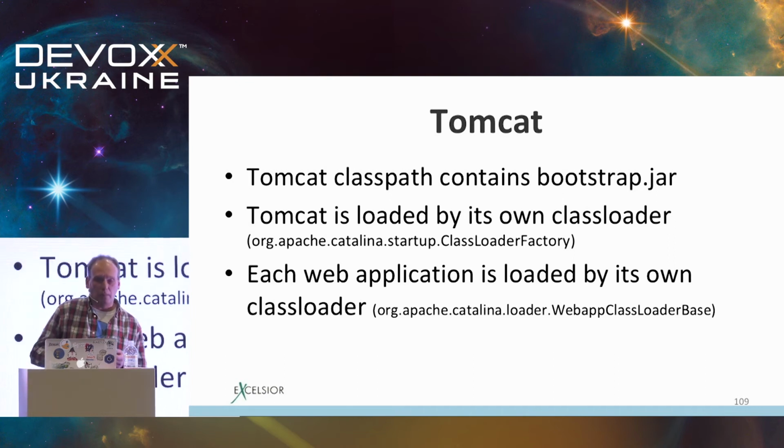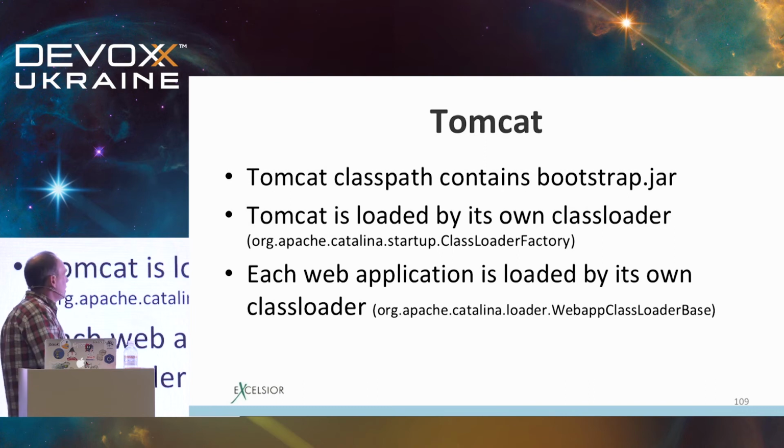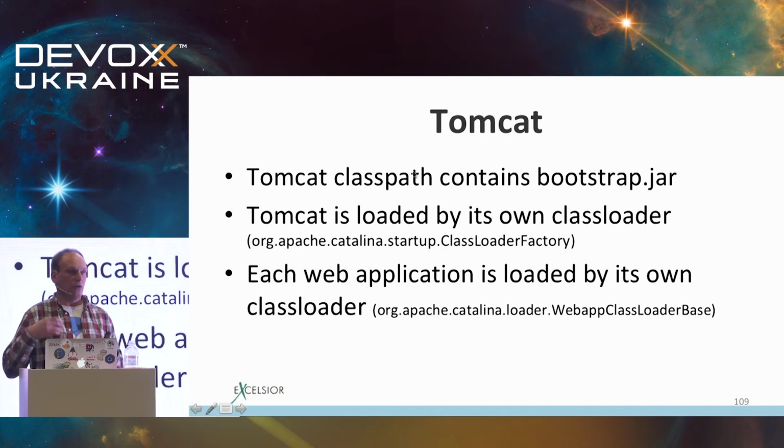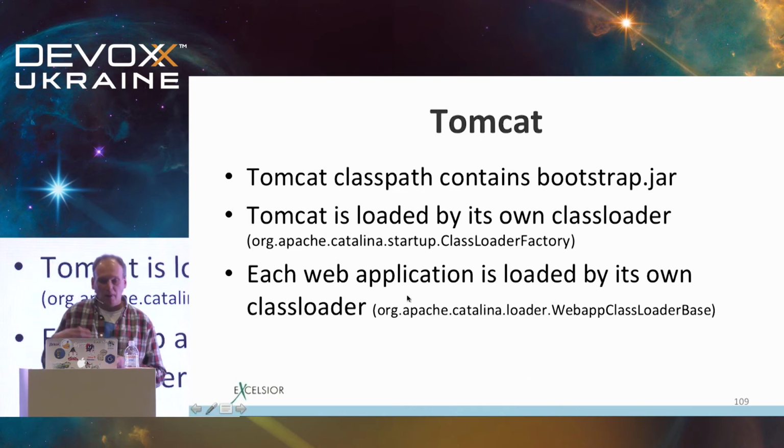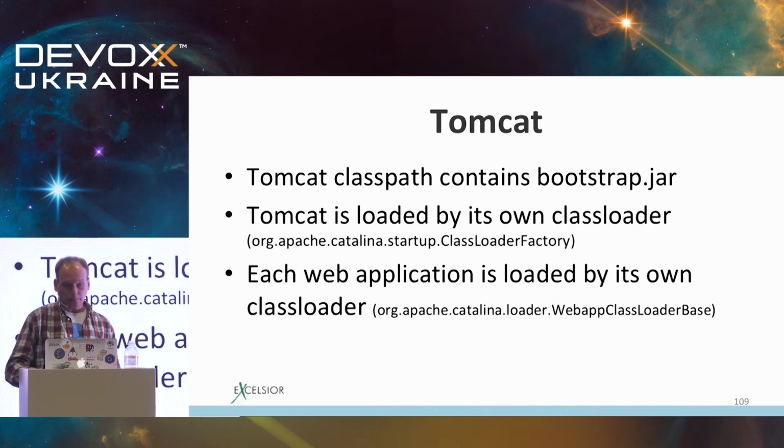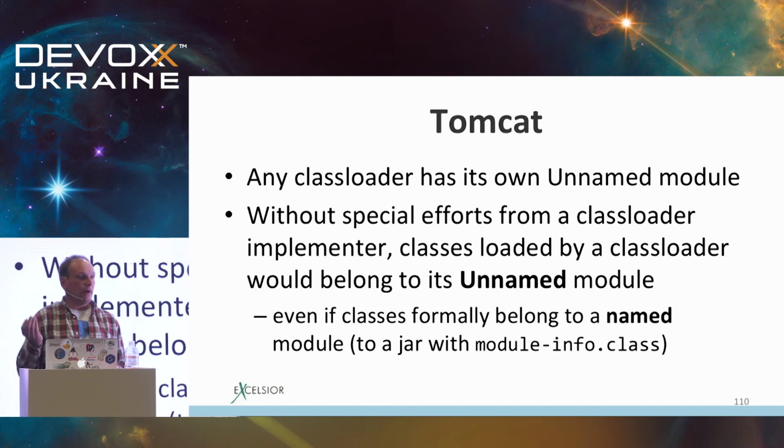In the class path of Tomcat, there is a jar called bootstrap jar that creates a class loader that loads all other jars of Tomcat. And every web application is loaded by its own class loader as well. Since Java 9, a class loader can assign a module to a class it loads.